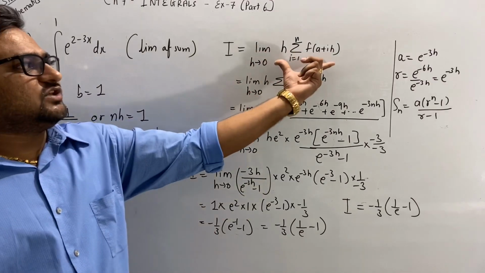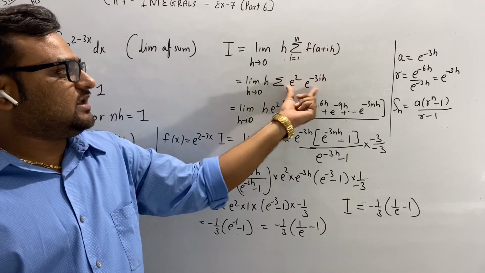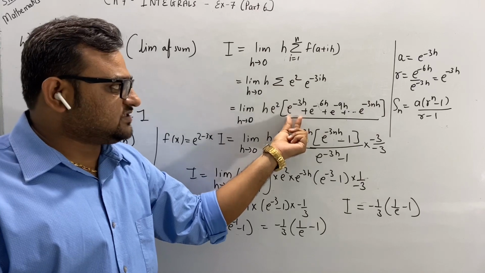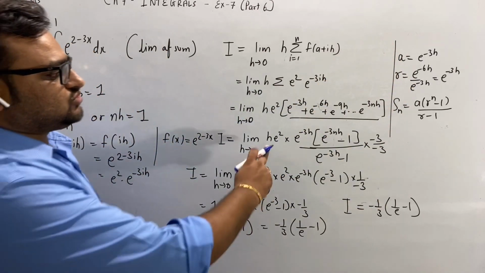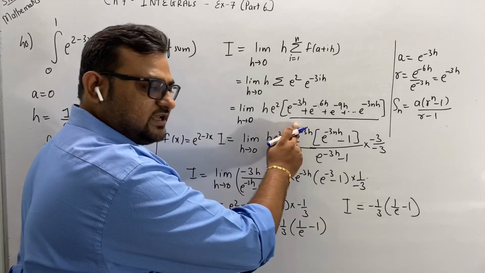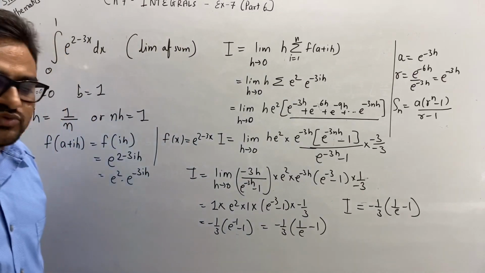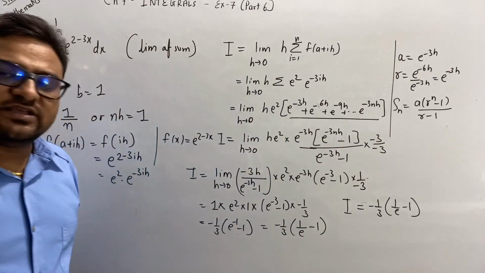Clear? Using the formula, h times the summation of f of a plus ih, e squared I had taken outside, and this I put in series: e raised to minus 3h, minus 6h, and so on. This was a geometric progression. So h e squared, e raised to minus 3h, e raised to minus 3nh minus 1 upon e raised to minus 3h minus 1, into minus 3 divided by minus 3, because I want here minus 3h.